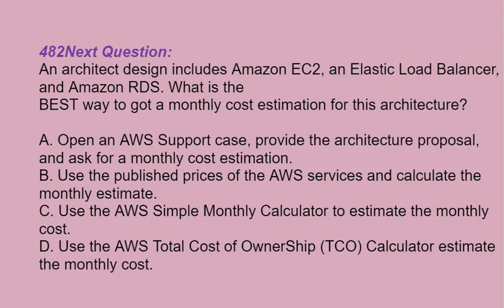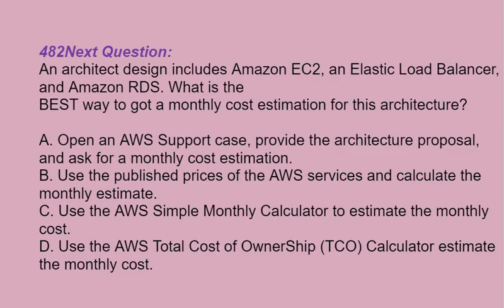Question is, an architect design includes Amazon EC2, an elastic load balancer, and Amazon RDS. What is the best way to get a monthly cost estimation for this architecture? Option A, open an AWS support case, provide the architecture proposal and ask for a monthly cost estimation.